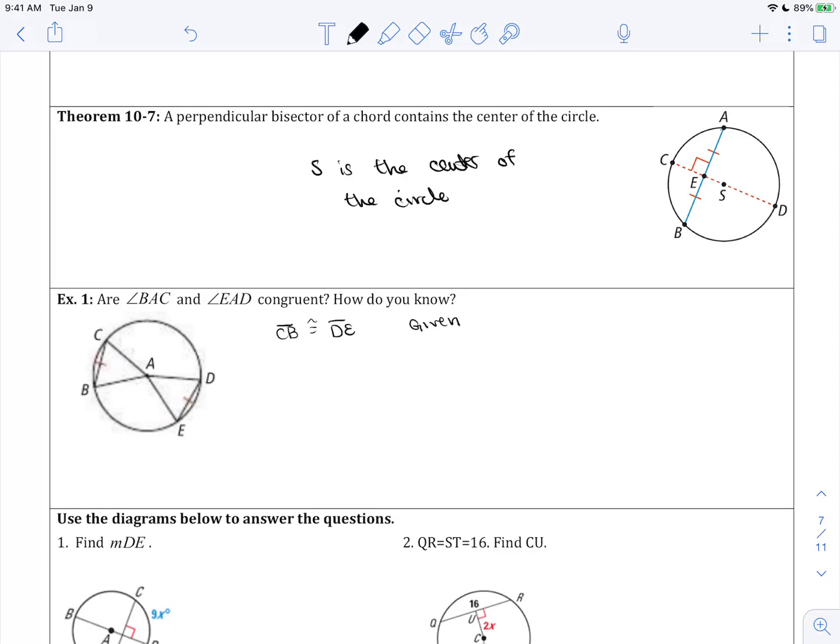And then we see that A is the center, right? There's a dot here. So I also know that BA is congruent to DA, which is congruent to CA and EA. Right? All of those are congruent. Again, all radii are congruent.